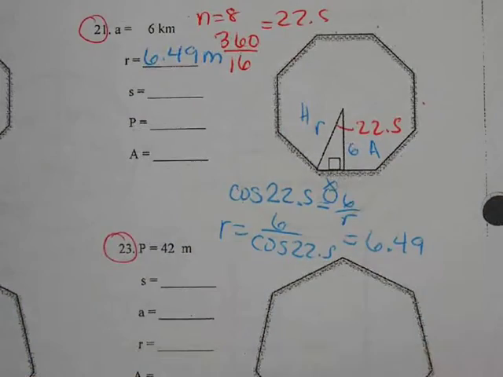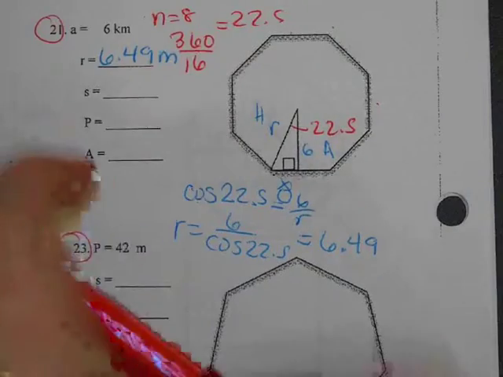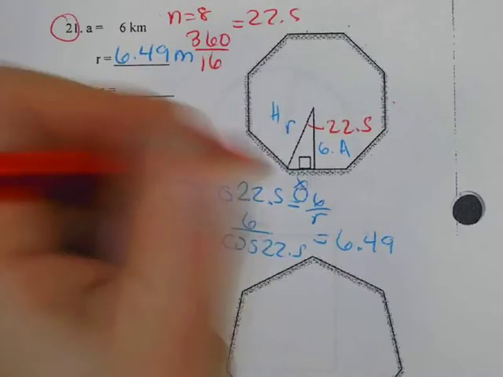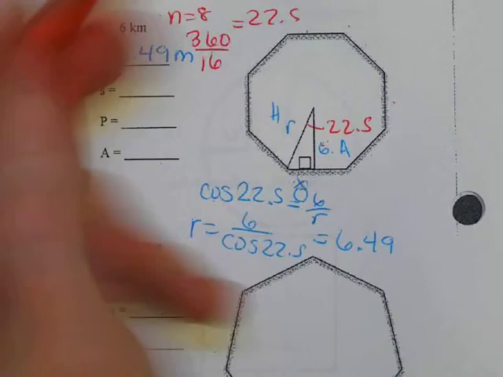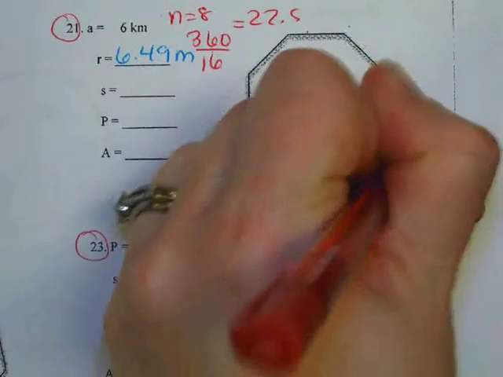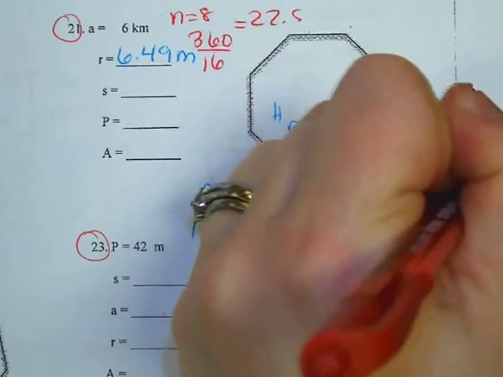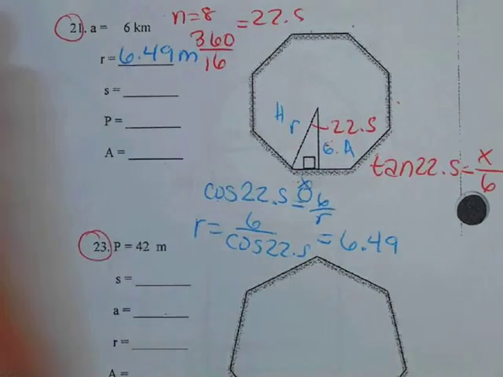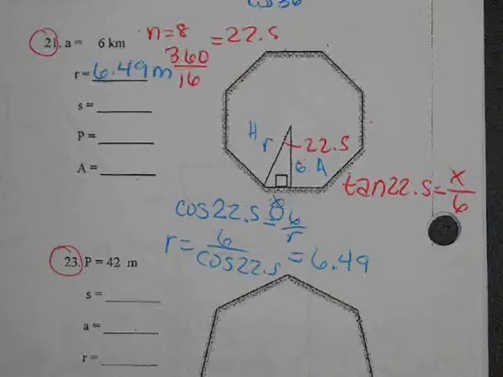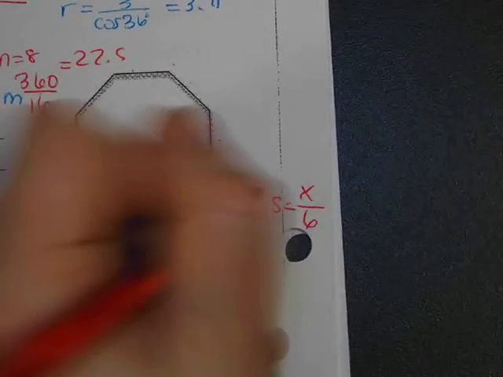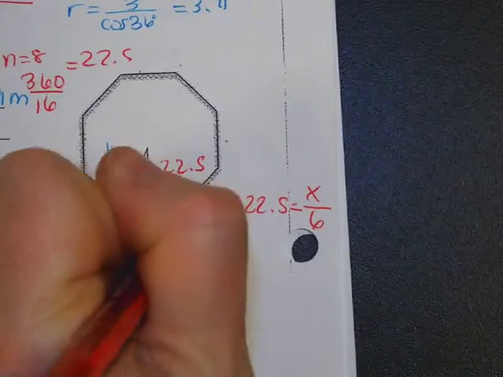I'm going to do the same thing, but now I'm going to do it for x. X is the opposite side, and I have adjacent, so O and A would be TOA. So that's tangent of my angle equals O over A, which is x over 6. You cannot see that, sorry. Okay, x is on top, which tells me to multiply my numbers together.